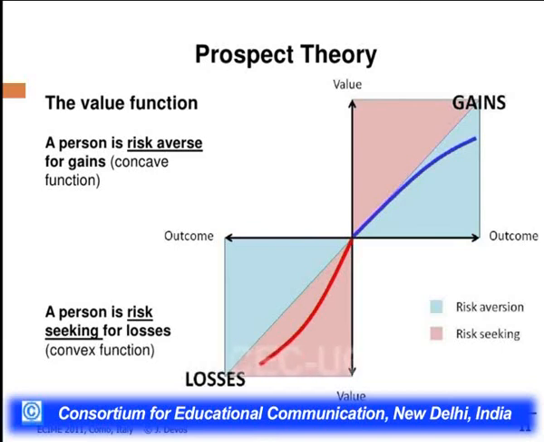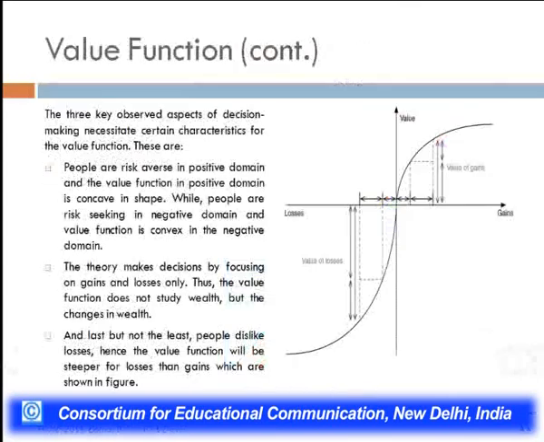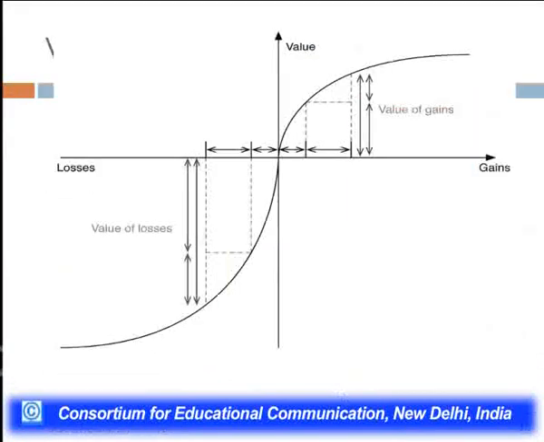Why does this happen? Because depending upon the outcome, the value of gain which we earn at any point of time is less as compared to the value of loss, even if the amount of loss is the same.